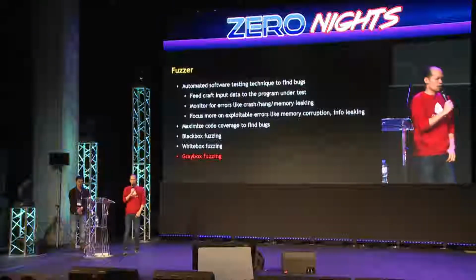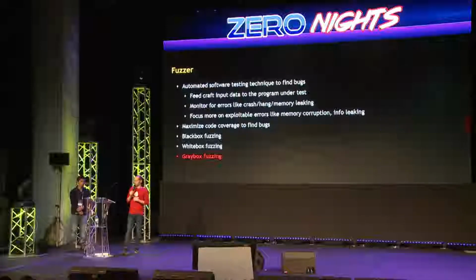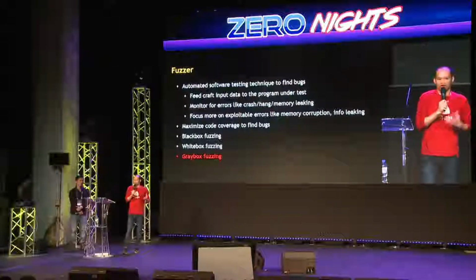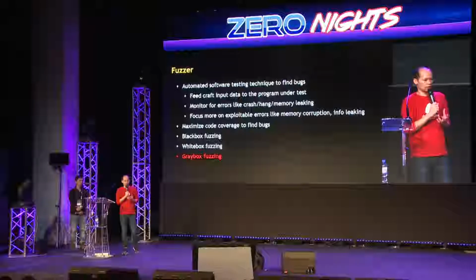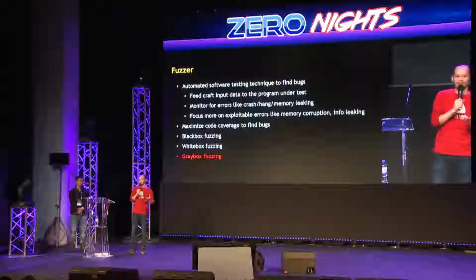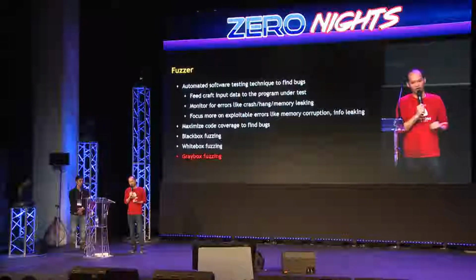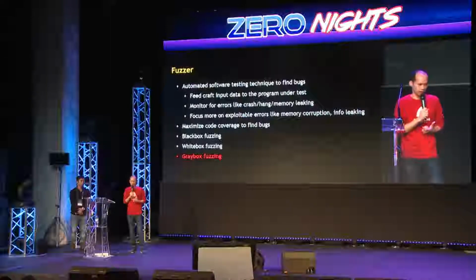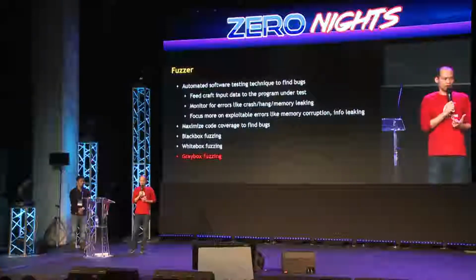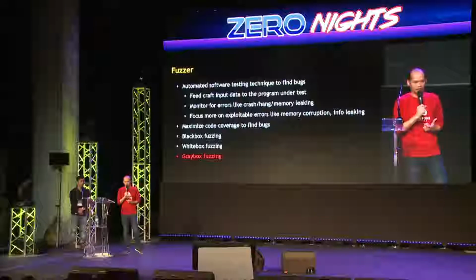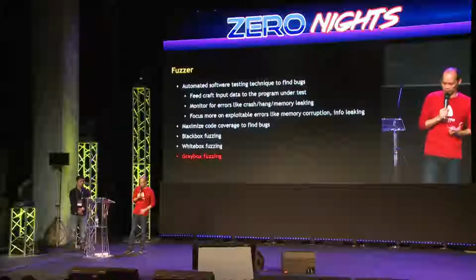The concept of a white box fuzzer is very good, but in reality it's not so good, because white box fuzzers use many heavy techniques like symbolic execution or model checking, which slow down the fuzzer a lot, and that's a huge problem of white box fuzzers.